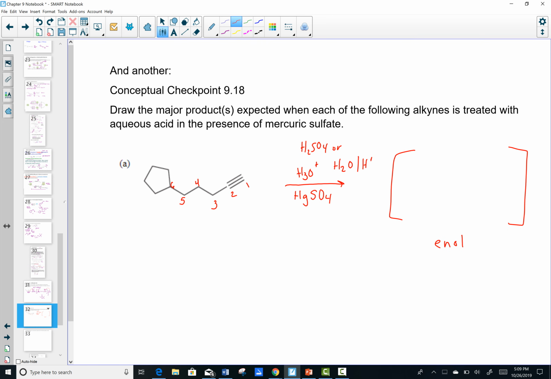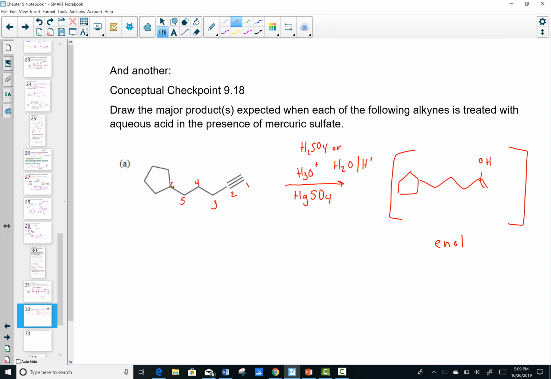So I'm going to put it in a bracket to let you know it's produced, but impossible to isolate. And then what we have here is going down, up, down, up. There's carbon 2, carbon 1, and we're at this double bond. And coming off then, I'll make the double bond go down. And that way I can point up to the OH.